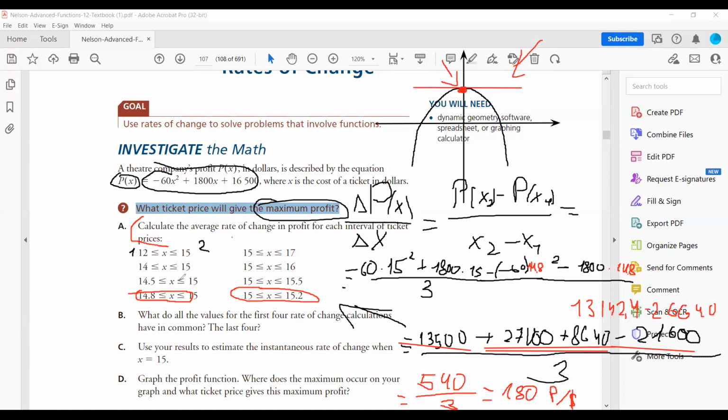Now let's use the calculator to combine all of these terms.